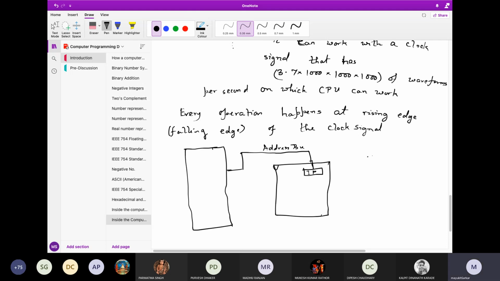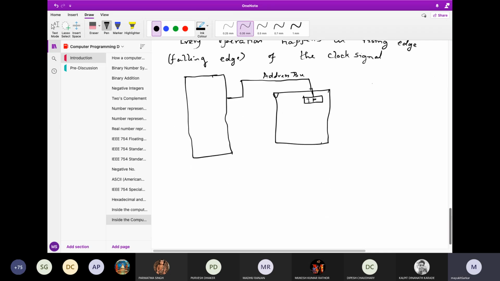That is coming to the RAM. What RAM will do is simply look for what information it has at that address and send it over the data bus.